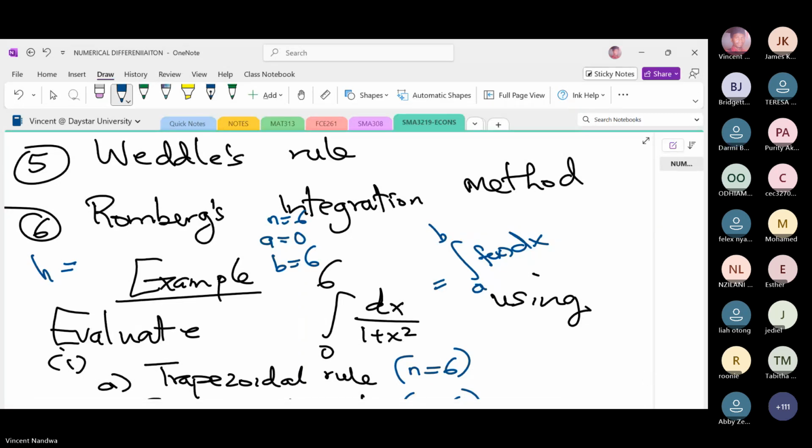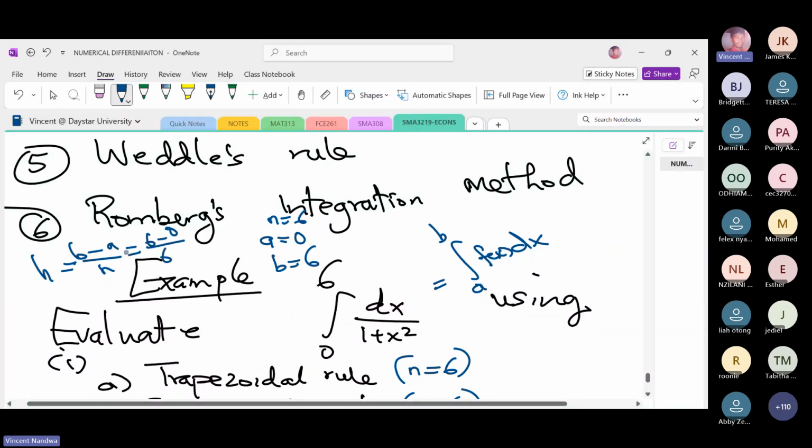Yes, 1, because it's simply b minus a over n. We'll have 6 minus 0 over 6, which is 1. Now, what is our f of x in this example?